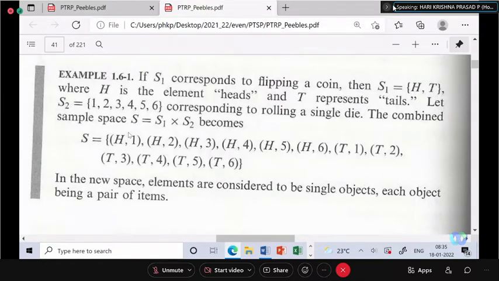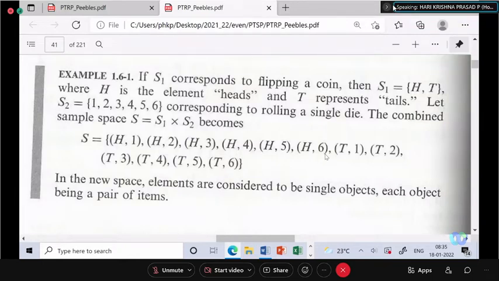So the first element of this ordered pair is H. The second element is taken from sample space S2. Okay. So see the next ordered pair. The first element is the same, H. Then the third ordered pair, first element is head. Like that, the first six ordered pairs have got the first element as head.